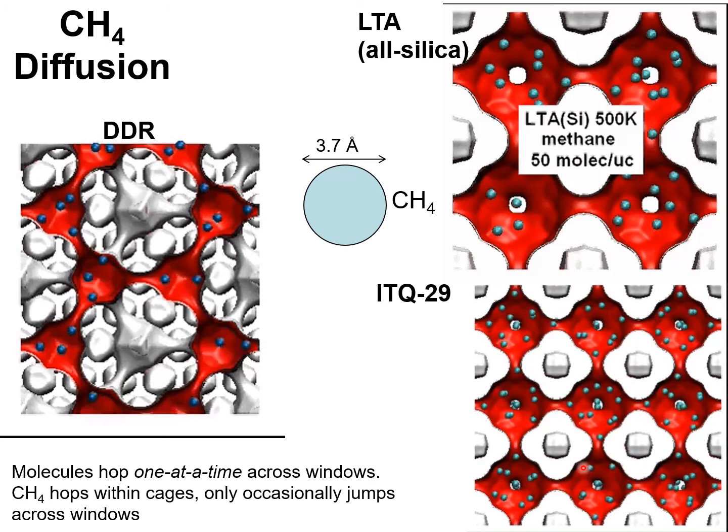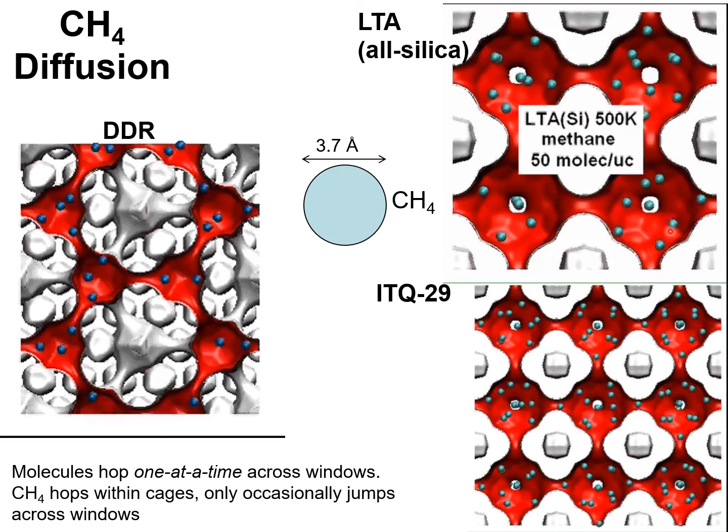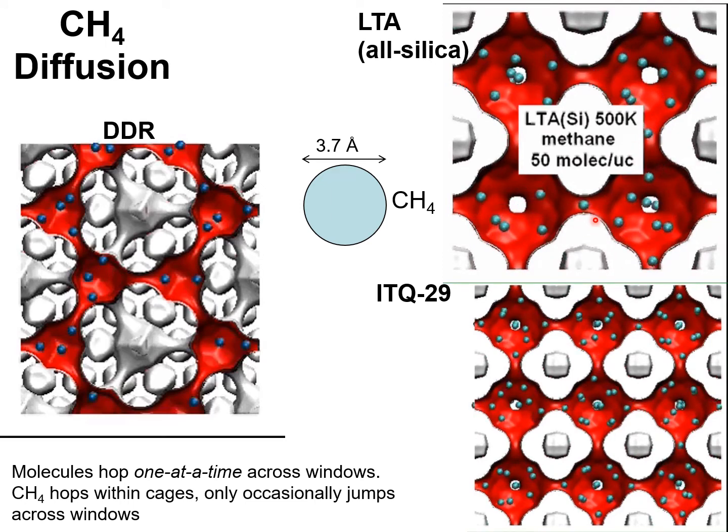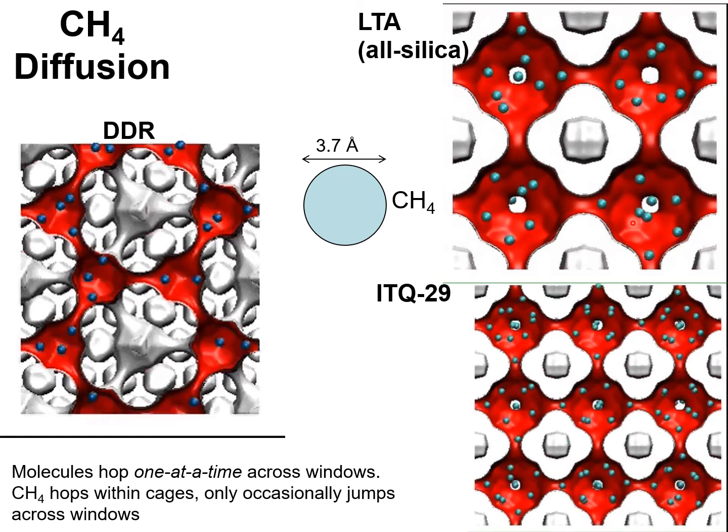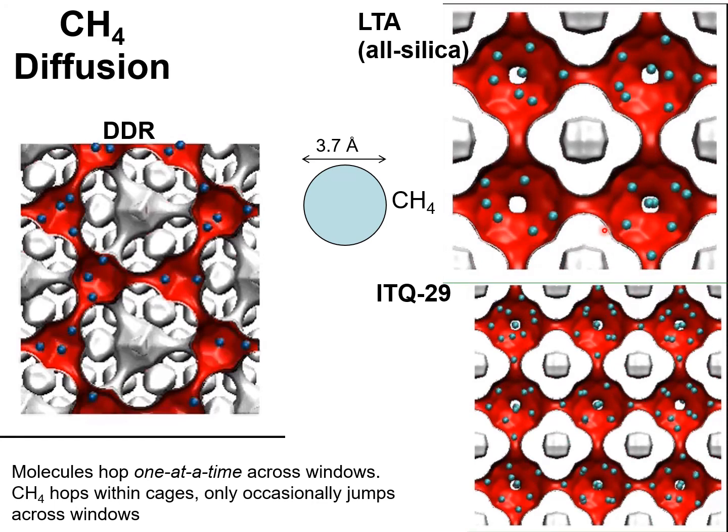Here, here, here, here you can see. This is for LTA. You can also observe the intercage hopping of methane. Here it has crossed the cage.